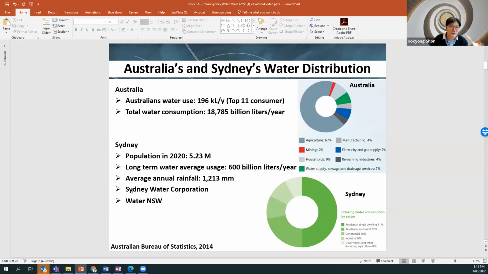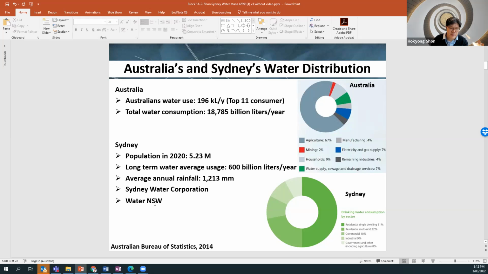As you can see today and for the last couple of days, we have had a lot of rainfall. Sydney Water Corporation is mainly taking care of water quality, water treatment, wastewater treatment, and your water supply. So you receive your Sydney Water bill for your water usage.